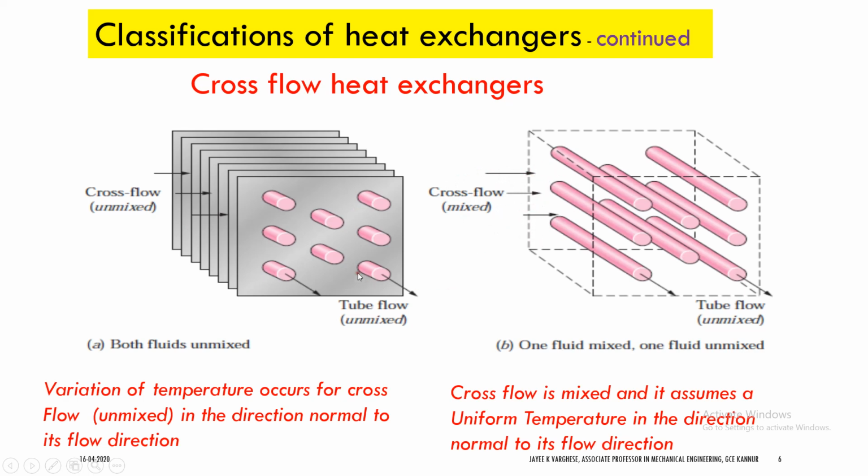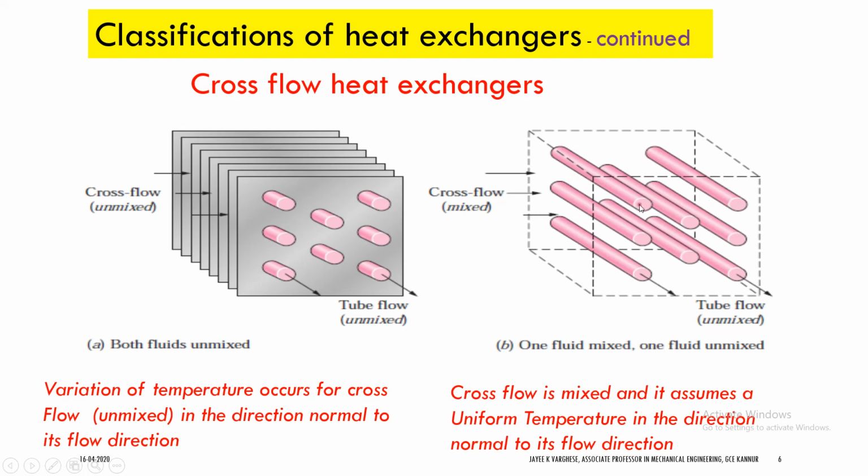Here both these differ in one thing, that there is separation of the flow passage for cross flow. So in the first case there are separations provided for the cross flow so that the fluid will be flowing in different passages. Whereas in the second figure we can see that for the cross flow there are no separate passages.